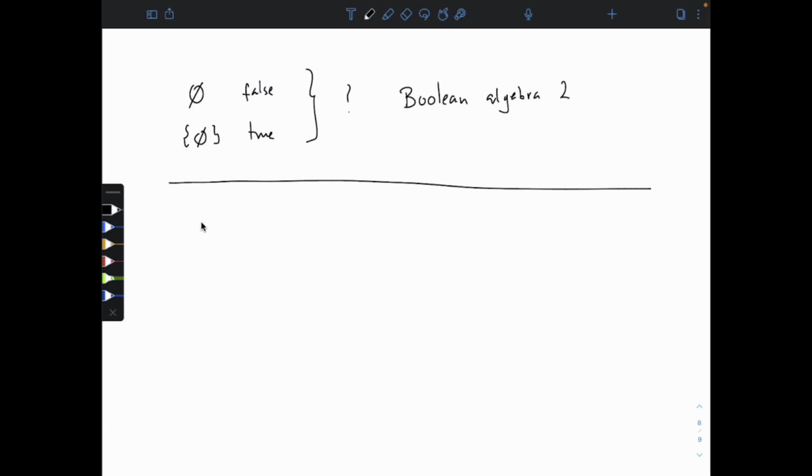Let's be honest. How does the type of natural numbers represent a logical statement? It doesn't, right? We want it to represent numbers, not some truth. So it's a bit silly to say that all types correspond to propositions.